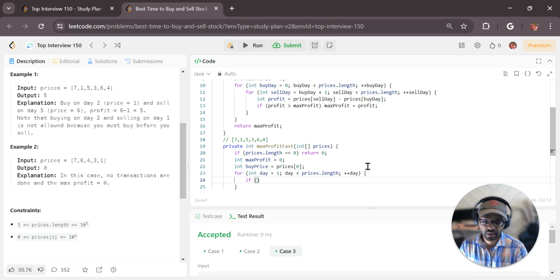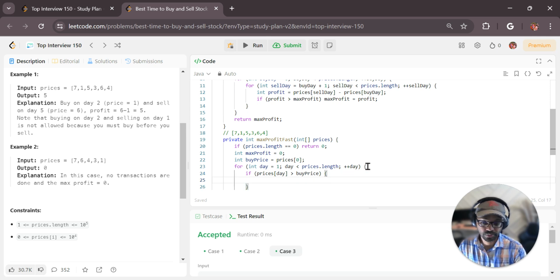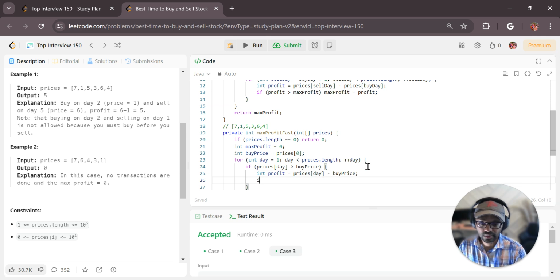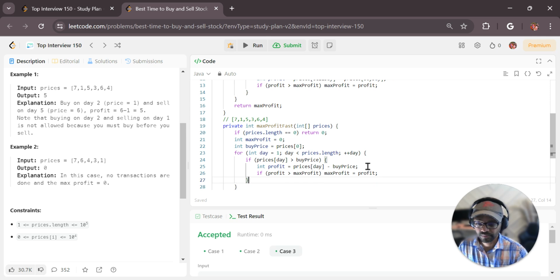We have a case where prices of day is actually bigger than the buy price. In that case, all we do is compute profit. So let's say profit equal to prices of day minus buy price. And then we see if that profit is better than max profit, just like before. Then we book that as the new max profit.